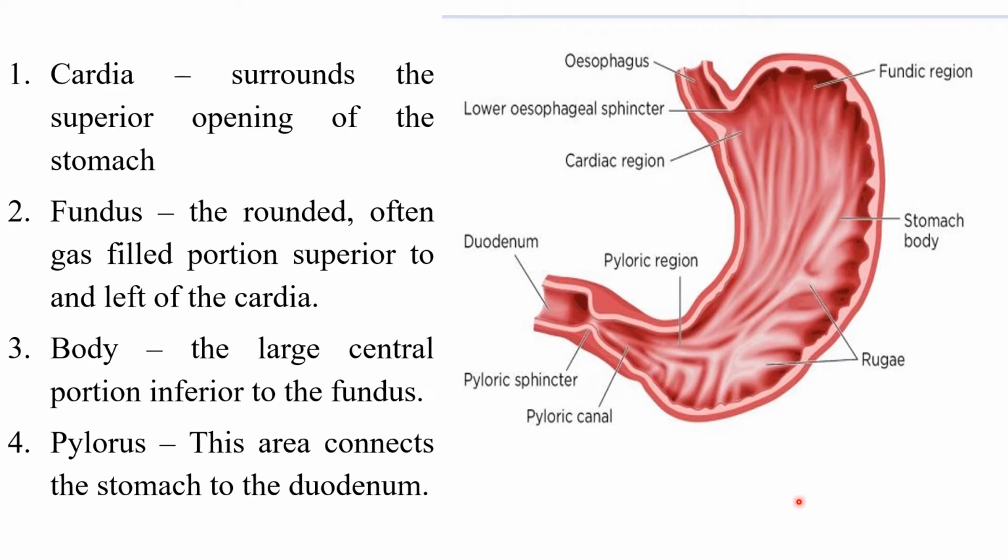Superficially, from the outside as well as from the inside, the stomach can be divided into 4 different parts: the cardia, the fundus, the body, and the pylori.